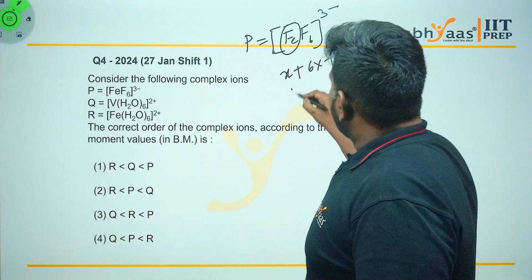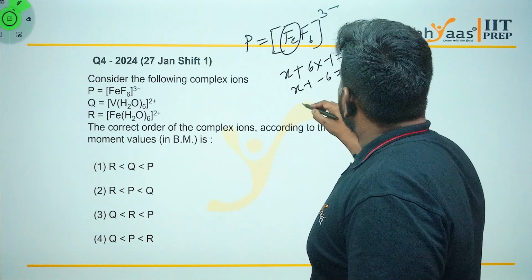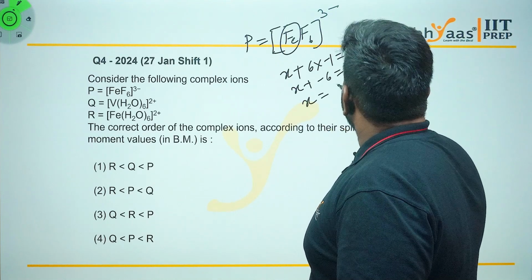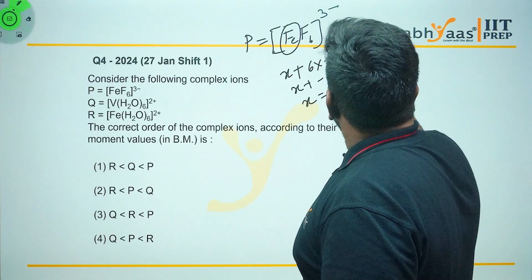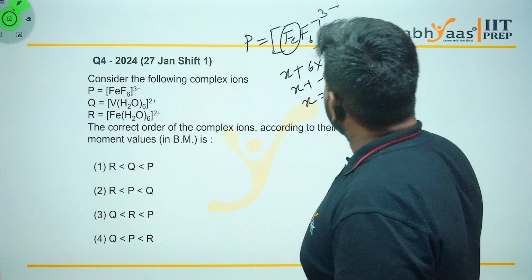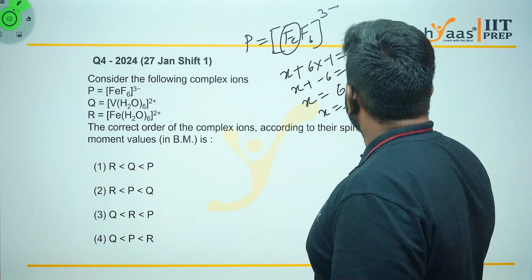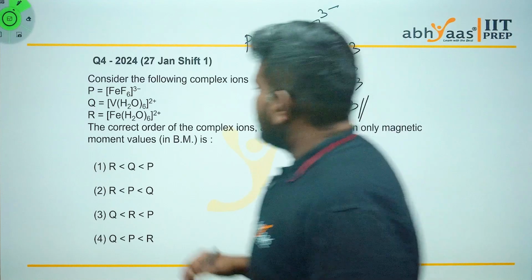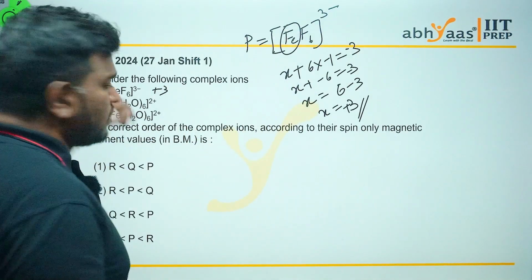So here X plus (-6) is equal to -3. That means X is equal to 6 minus 3, so X is equal to +3. So in the first case, you have +3 oxidation state for this particular ion.